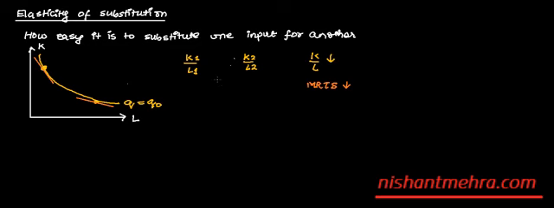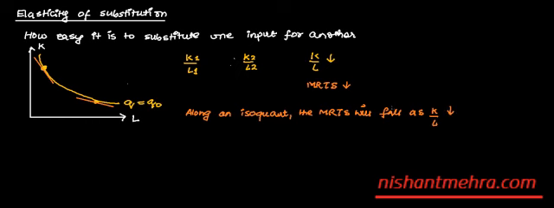The point is, along an isoquant, the MRTS will fall as K by L falls.